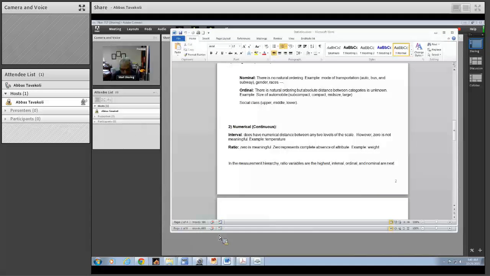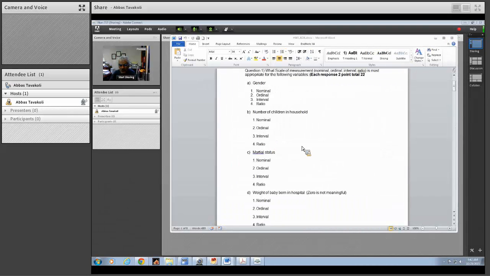Otherwise, if 0 is not meaningful, you would consider it an interval. So you want to make sure whether the question is asking if 0 is meaningful or not, then you select the right answer.